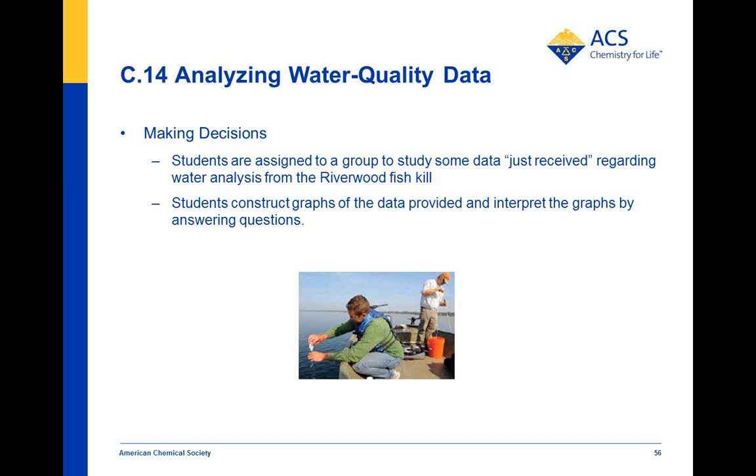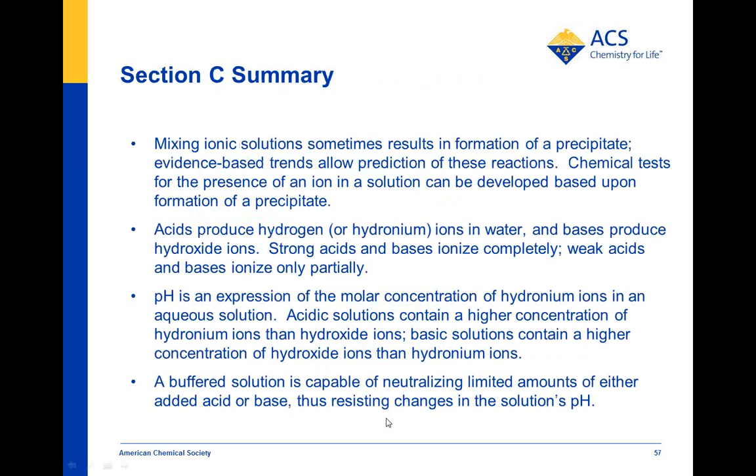It is something that's going to take time. This is not a quick decision-making process, so make sure you allot yourself plenty of time, because this is going to provide them the guts of the information that they need for the fish kill, putting it all together.